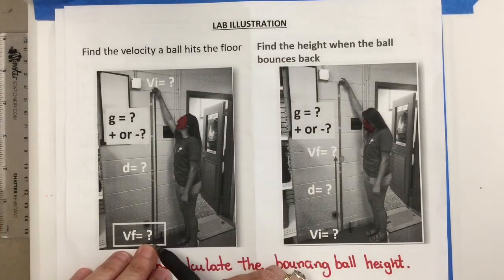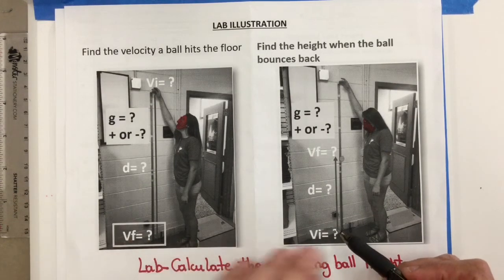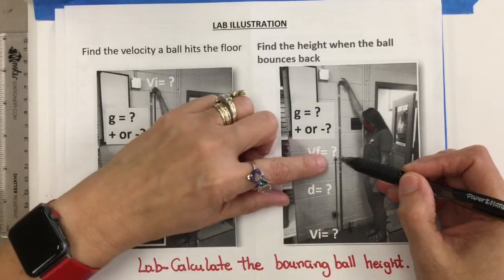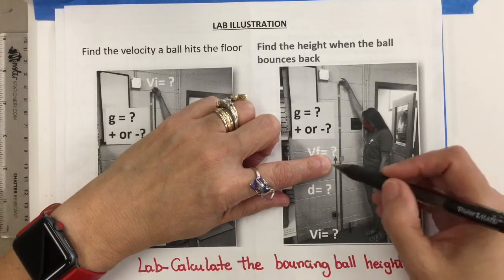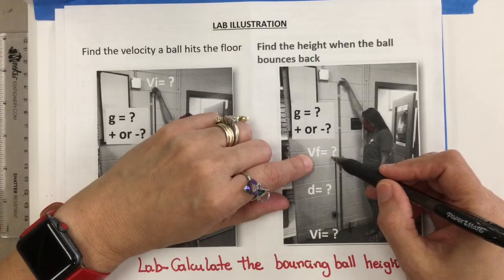When the ball hits the ground, we calculate the final velocity, and this final velocity will be the initial velocity when the ball bounces back. It is going to stop before it changes direction, so when it stops, the final velocity when bouncing back is 0.